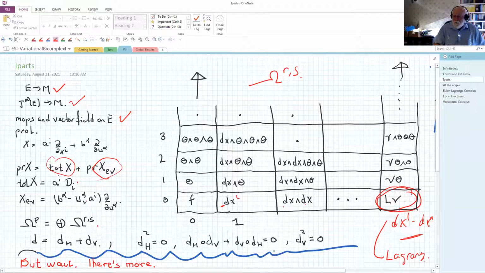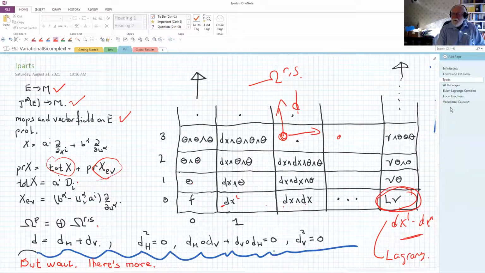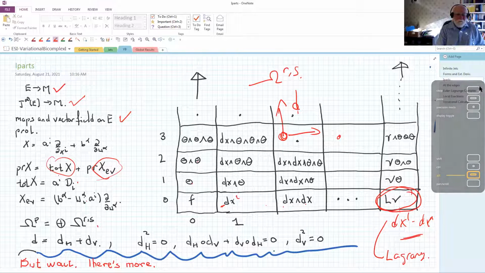It's called the space of Lagrangians. Going upwards, we have contact forms, squares, cubes of contact forms. Then we have horizontal degree 1, vertical degree 1, horizontal degree 1, vertical degree 2, and so on. Our exterior derivative, as I said, splits. Take an exterior derivative here, it'll have a piece here and a piece here.